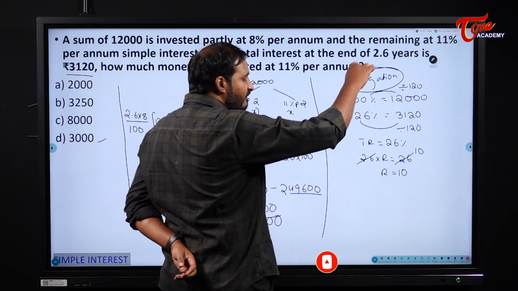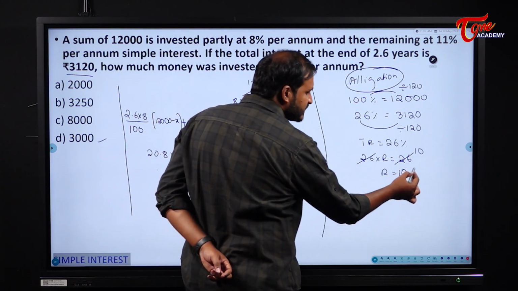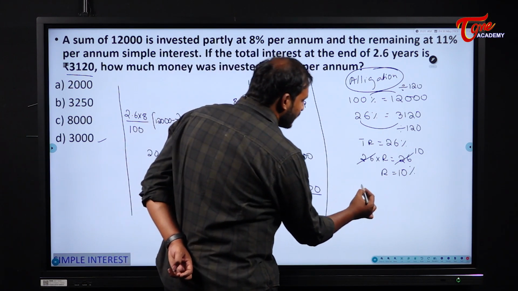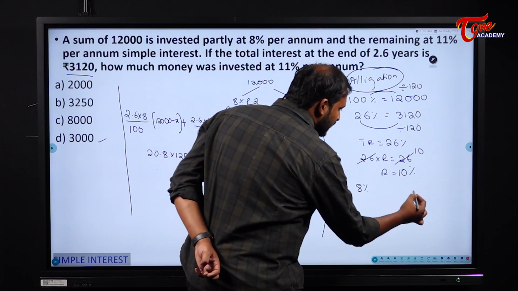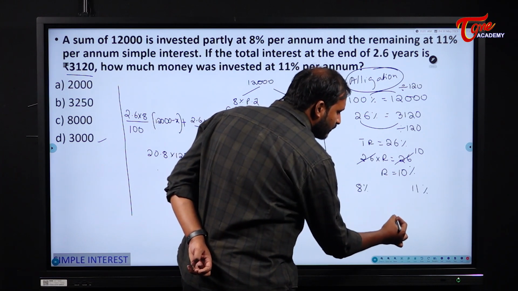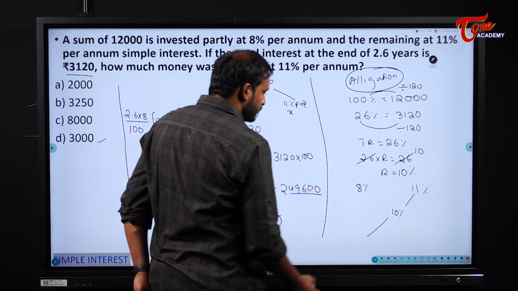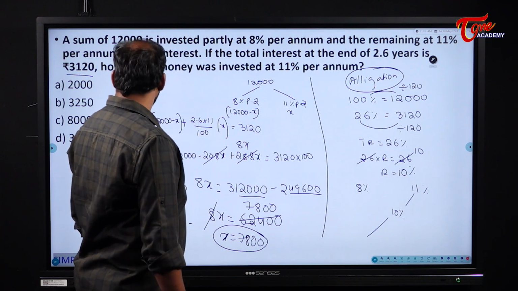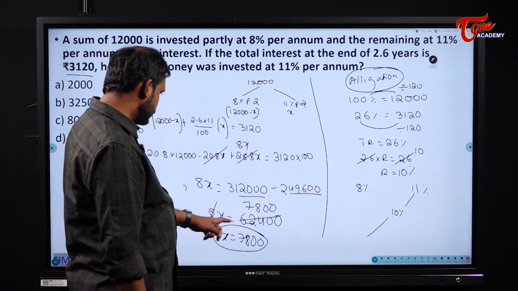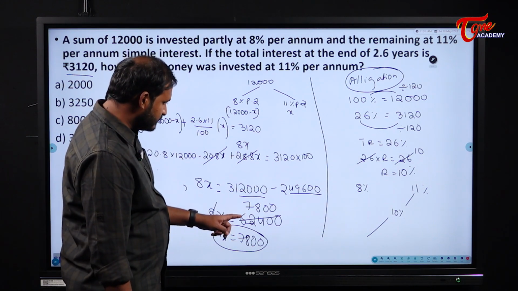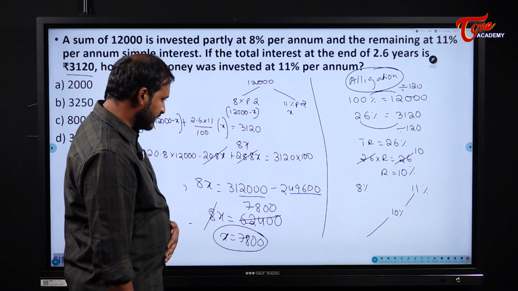So, on an average, how much percentage am I getting in returns? 10%. 8%, 11%, in between what I got, 10%, due to mixture of these two things. So, what I will get here? I should get 8,000, right? Somewhere there is a small calculation mistake here, students. Please check this one. You will get the perfect answer here actually.